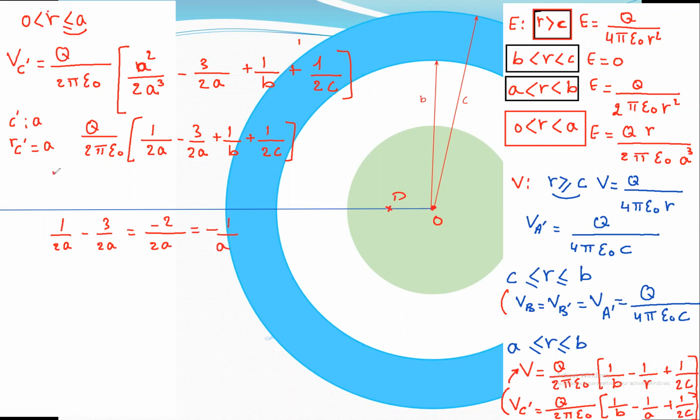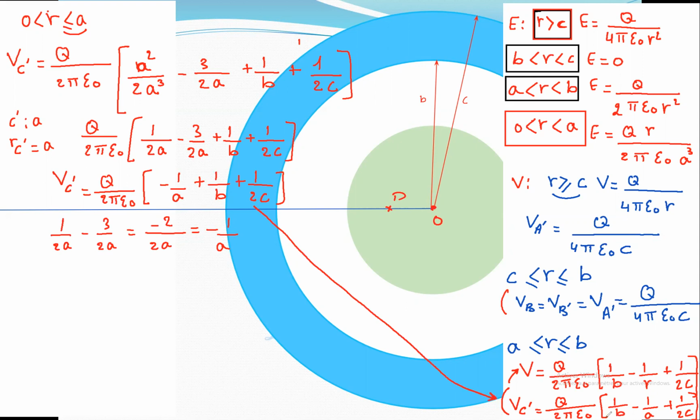So we get VC prime equals Q over 2 pi epsilon 0 times minus 1 over a plus 1 over b plus 1 over 2c. Look, we get the same result.